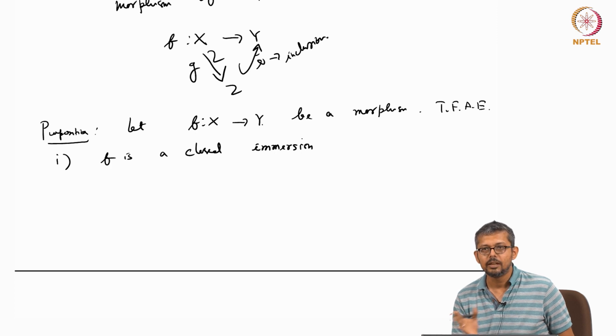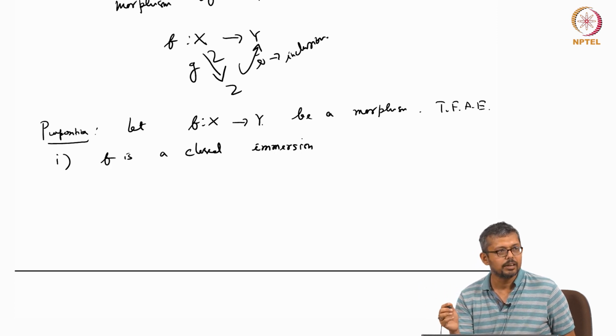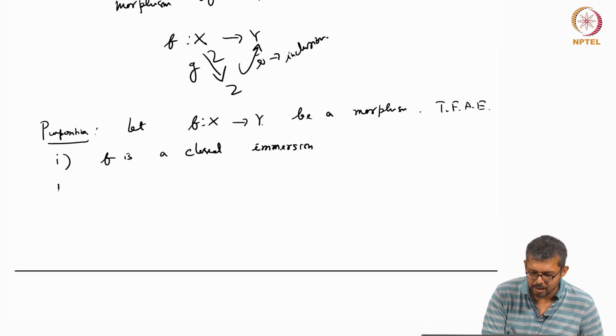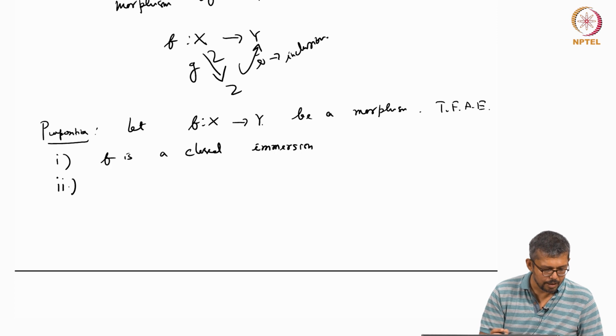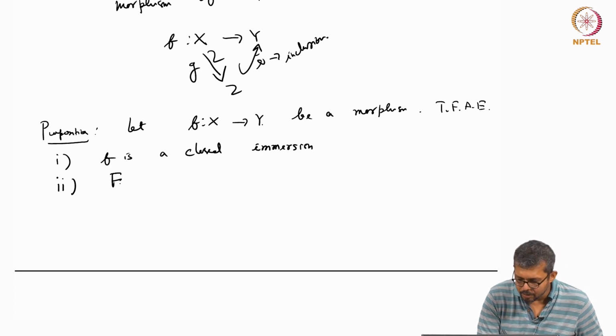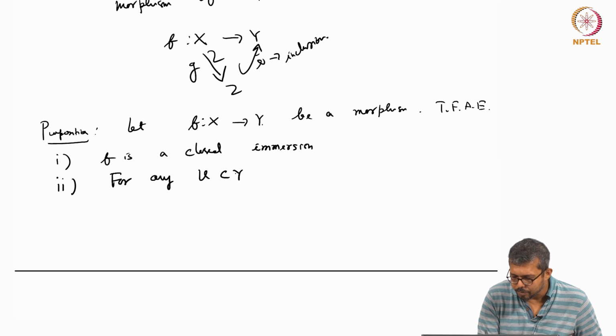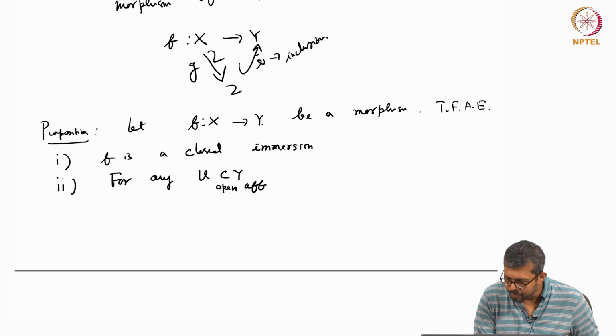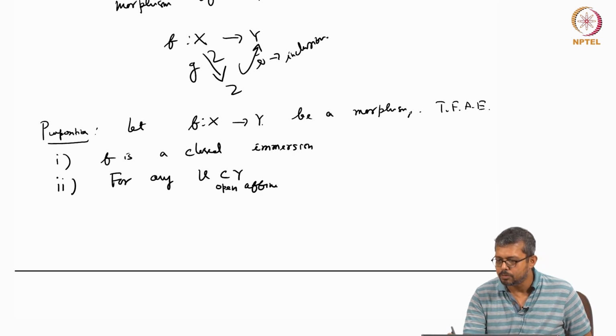So that means at the ring level, you have a surjective map, from the coordinate ring of A to the coordinate ring A mod the ideal. So at the ring level, it is a surjective map. Exactly the same thing you will see here. F is a closed immersion for any U in Y open affine. So this is a morphism of pre-varieties.